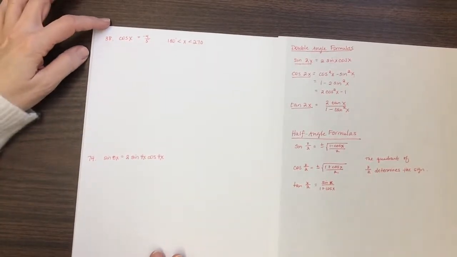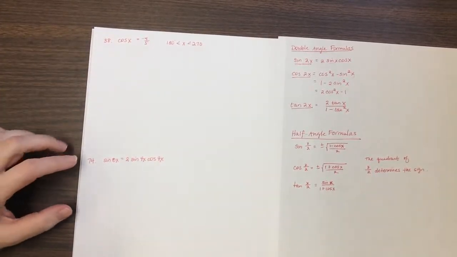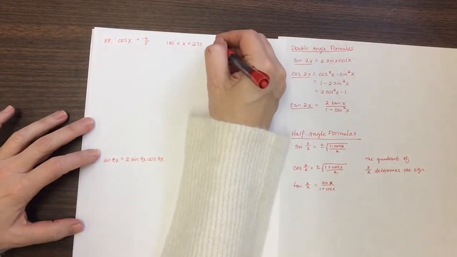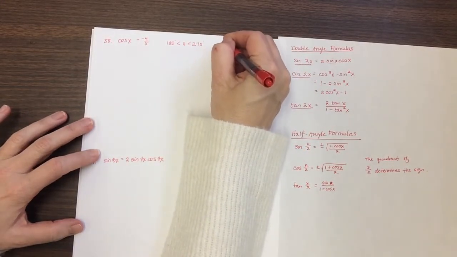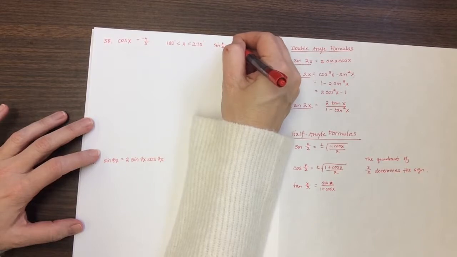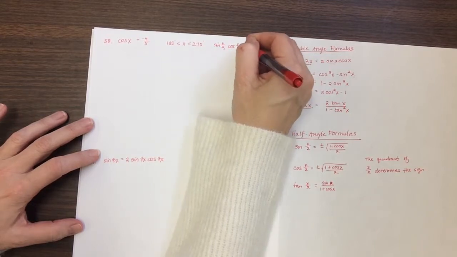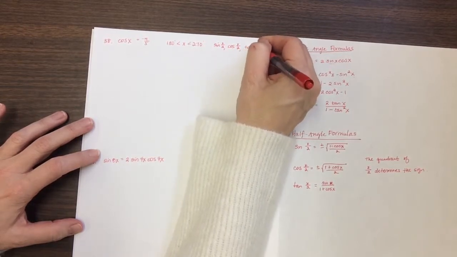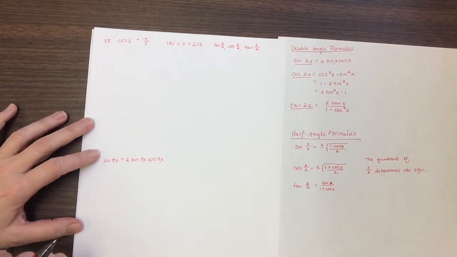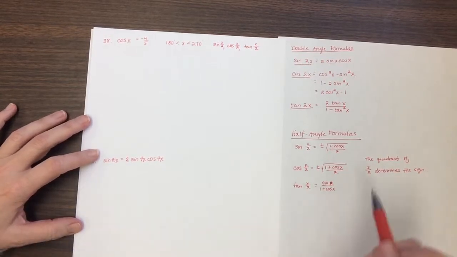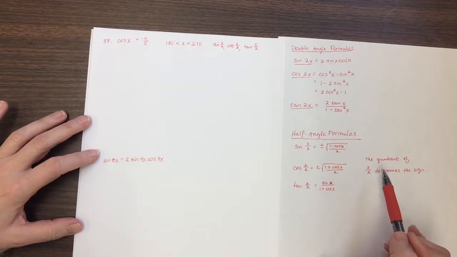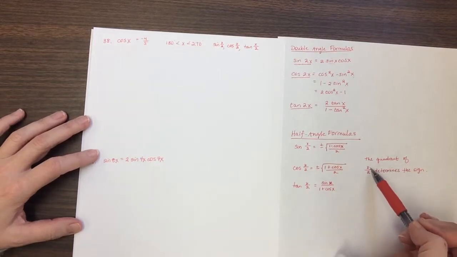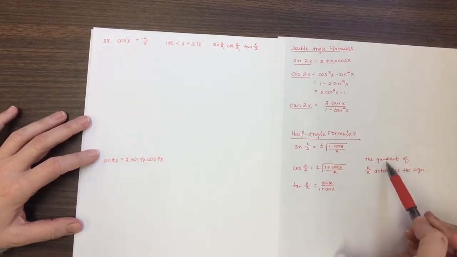Problem 38 is very similar to the one I worked earlier with the double angle, except this one is asking for my half angle formulas. So I'm looking for the cosine, the sine, and the tangent of the half angle. Remember that the important thing here is the quadrant of the half angle determines the sign that I'm looking for.